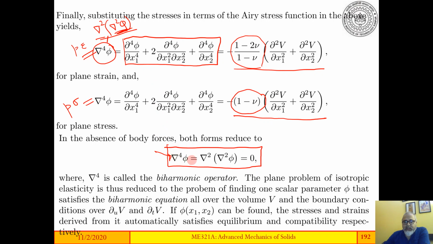So finding a function which is a solution to the biharmonic equation will give you the solution right away to the problem of plane stress or plane strain situation without body forces. With body forces, you will still have to solve the biharmonic equation, but with the right hand side not equal to 0.